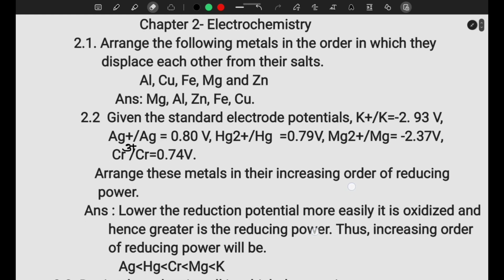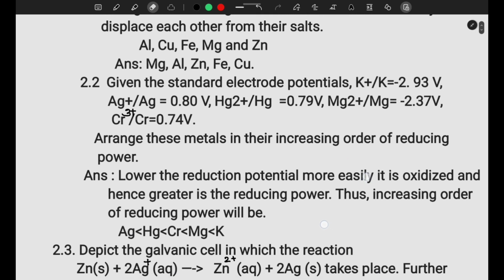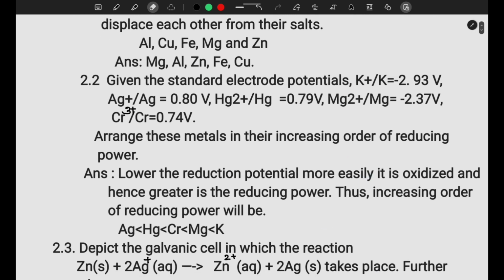Given the standard electrode potentials of potassium, silver, mercury, magnesium and chromium, arrange these metals in the increasing order of reducing power. Reducing power means the tendency of a reducing agent to undergo oxidation. So which has the greatest tendency for oxidation? The metal with the lowest reduction potential has the highest tendency for oxidation.